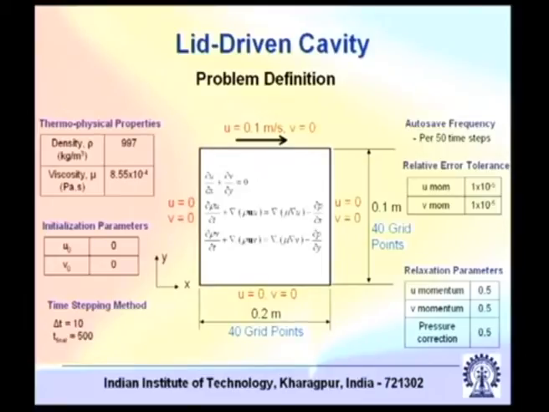So there is a relationship with the nature of meshing and with the nature of algebraic equations that get generated out of it. If there is a variable meshing, one has to have it graded: a refined mesh at locations where you want to capture strong gradients, and a coarser mesh where you do not want to capture such strong gradients.